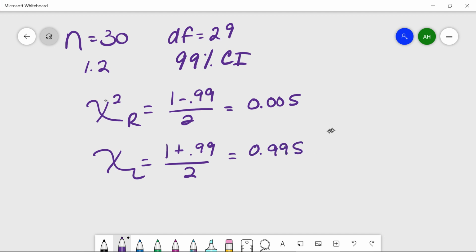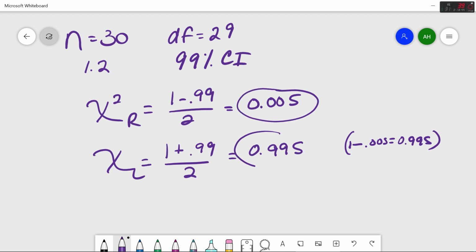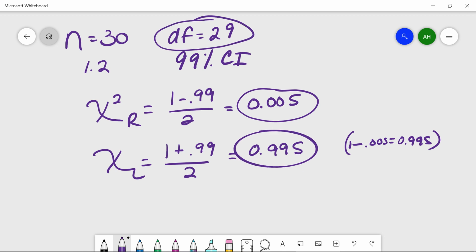For me, I would also have found this by just doing 1 minus 0.005, which would have also given me 0.995. So again, whichever way makes sense to you. Okay, so those are my numbers that I've got here. So I have this, and I have this. And over here is going to be my degree of freedom.